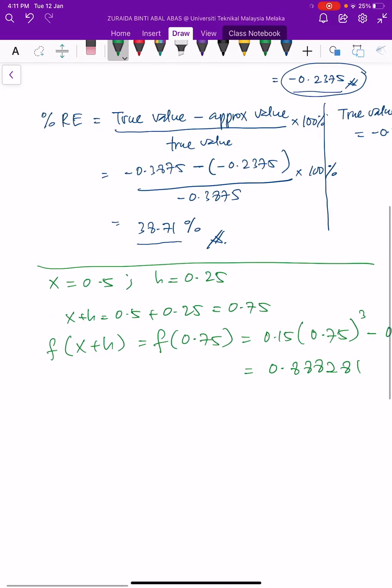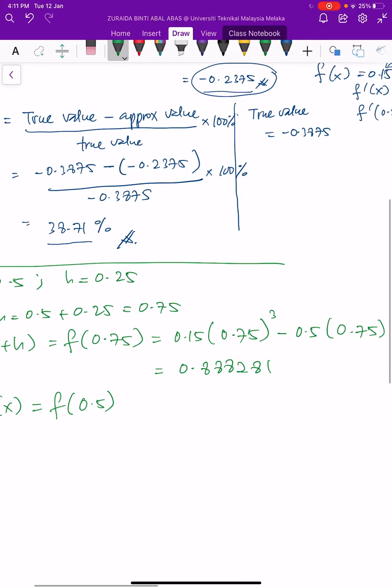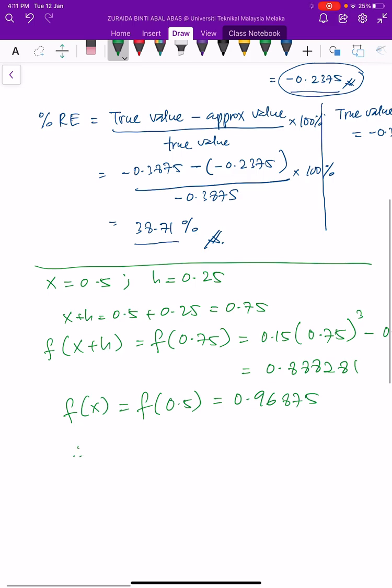Next, you need to find f of x. f of 0.5 we obtained previously, and it is 0.96875.